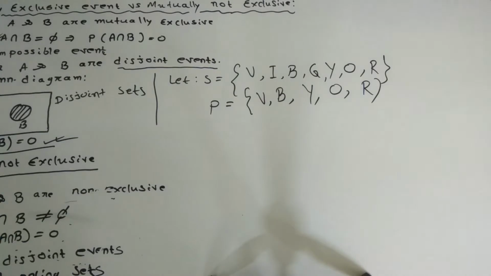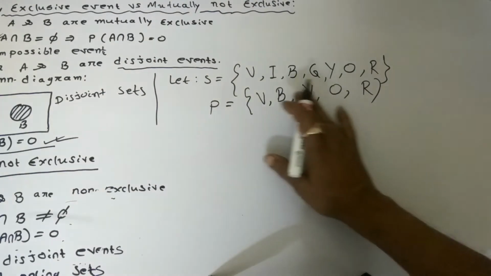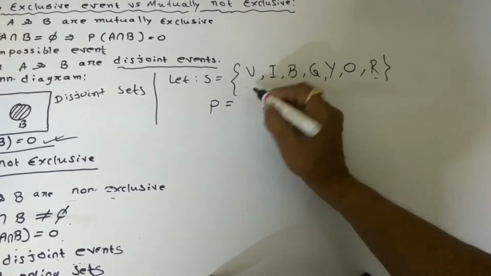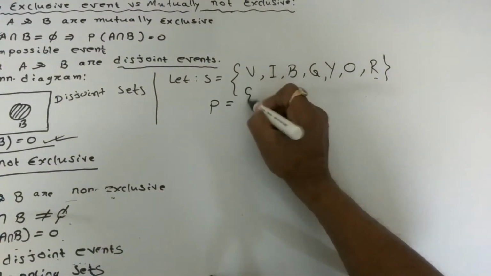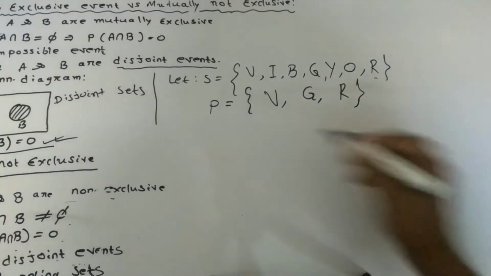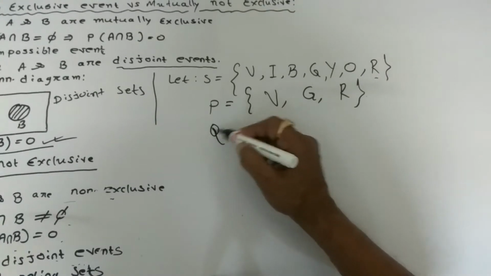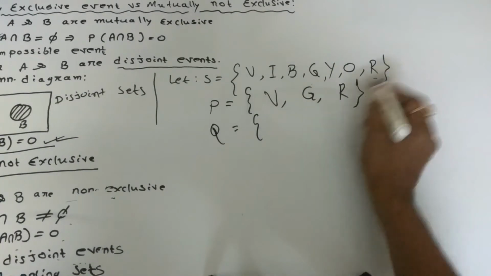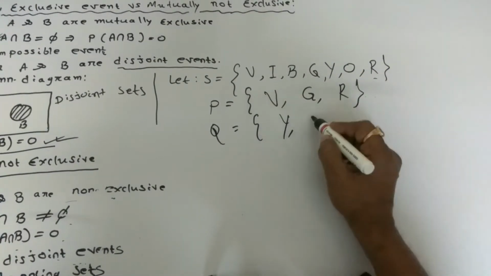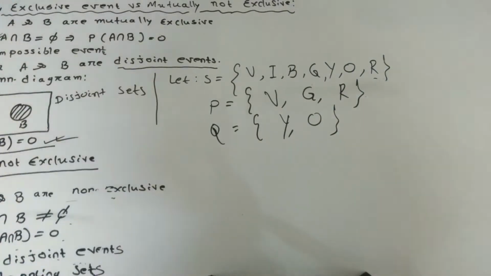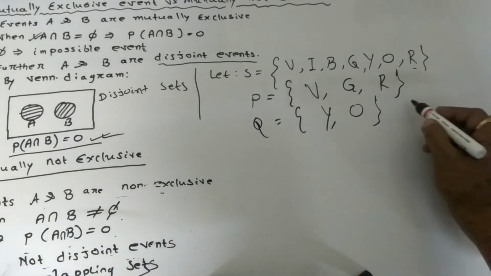Let us take two subsets. Set P contains violet, green, and red, only 3 colors. And set Q contains the colors yellow and orange only.